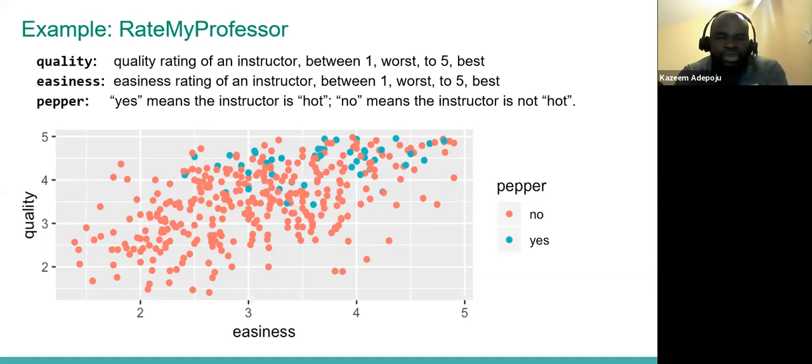Thank you for that. So, if you look at the graph that I have right here, you're going to see that this is a plot between the quality and the easiness, and at the same time taking into consideration the pepper. The color I have here indicates no, while this is yes.